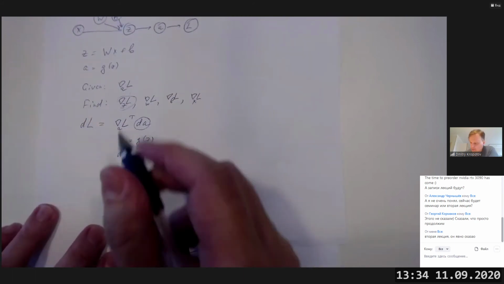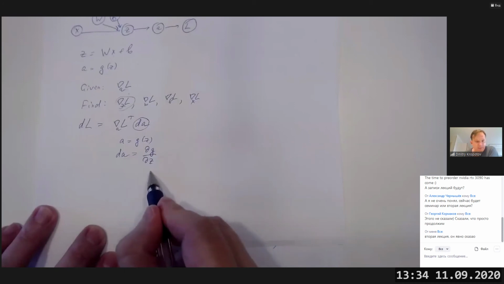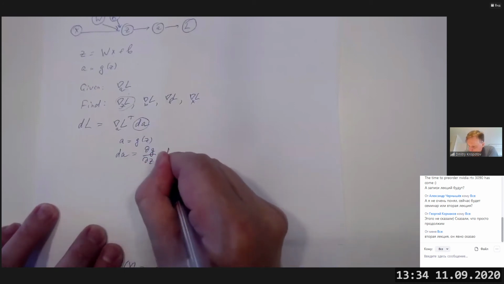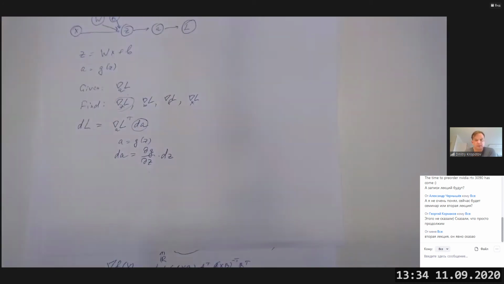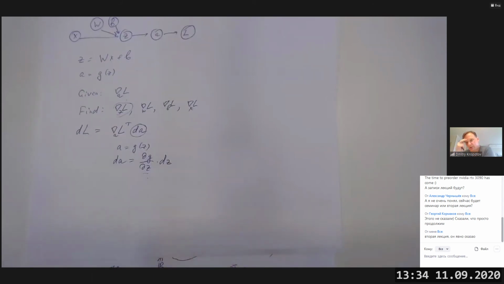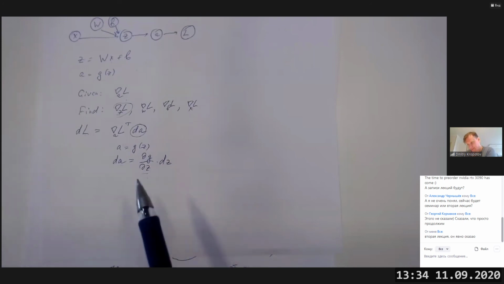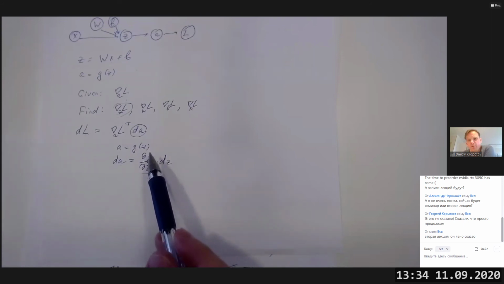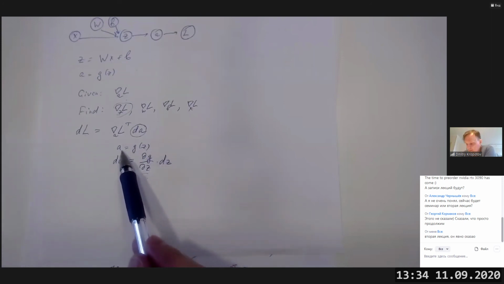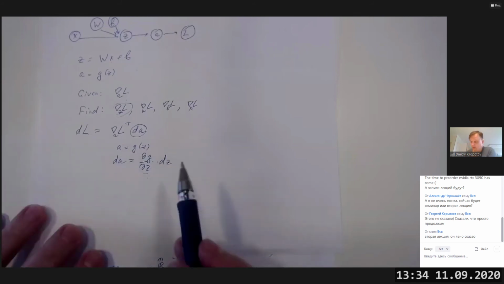So we need to calculate the Jacobian dg times dz. And here, because our application of g of z is component-wise, this matrix would be diagonal, because for all non-diagonal elements, the derivative of a_i with respect to z_j is just 0.